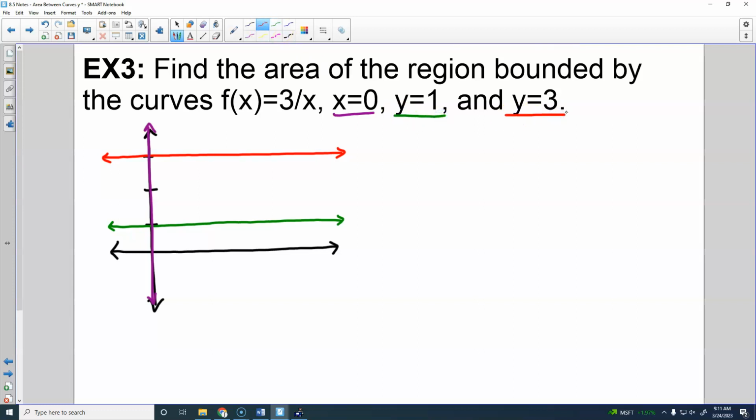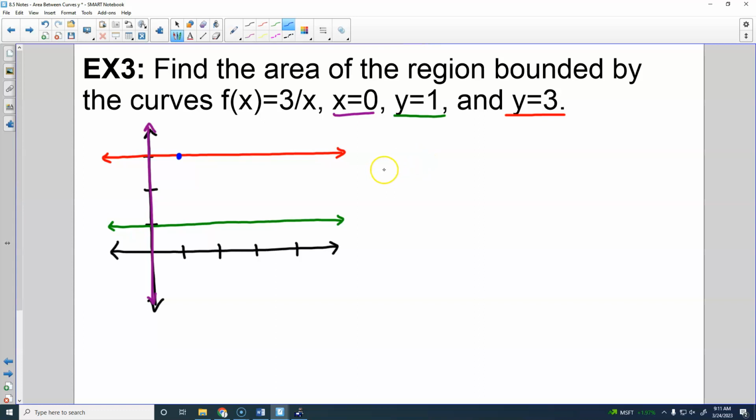Okay, so 3 over x, if I start plugging in some numbers, 3 over 0 would be undefined, right? No, I can't plug that in. If I plug in 1, 3 over 1 would be 3, so that would be the point (1, 3). We're plugging in an x, so our x is 1, our y would be 3.